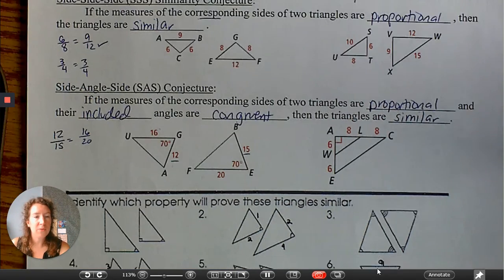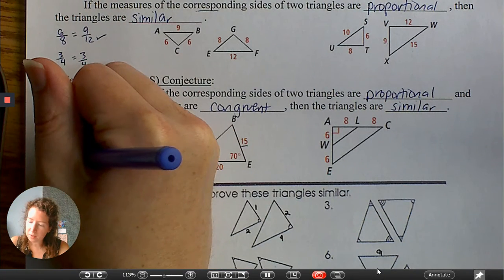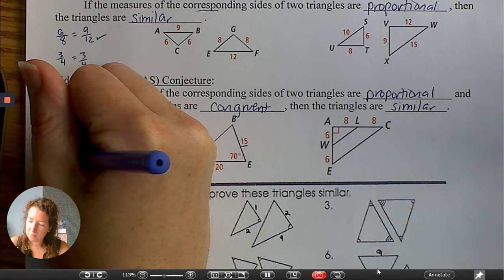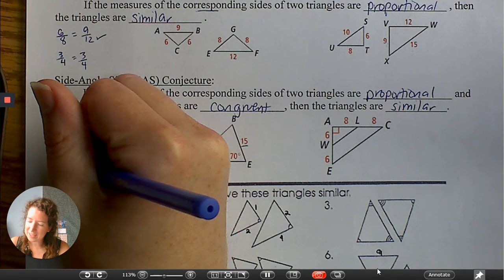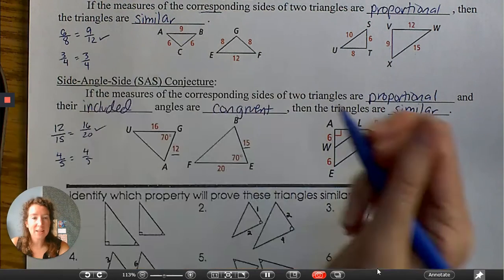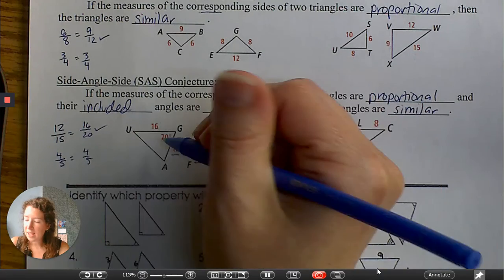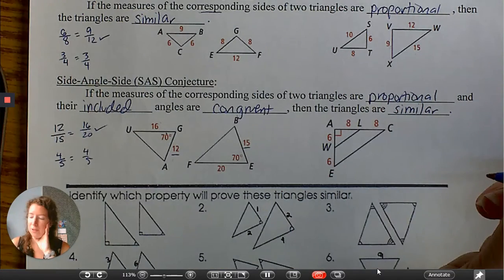Well, 12 over 15, 3 goes into that, so that would be 4/5. Took me a second. And 16 over 20 also reduces to 4/5. So because the proportional part is taken care of, and the angle in between those two sides is congruent, we know the triangles are similar.